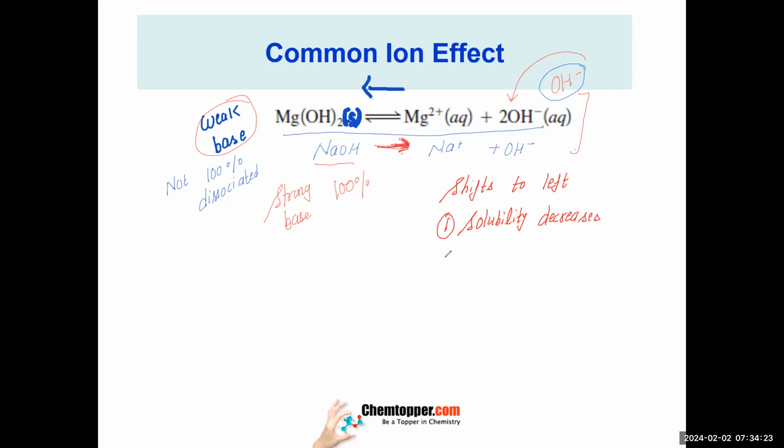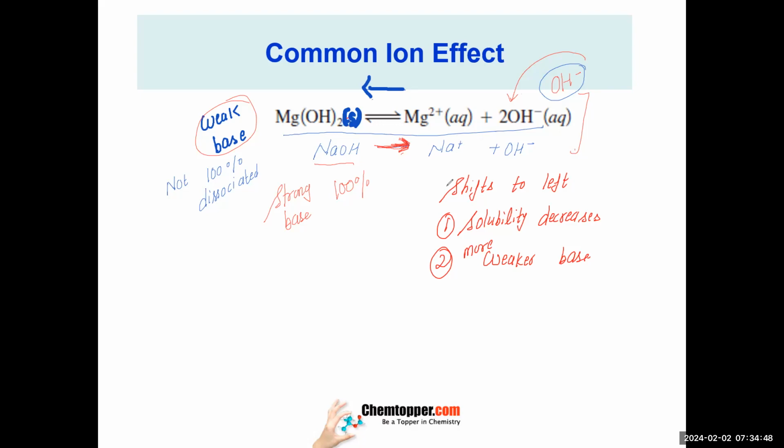And one more thing: it becomes a weaker base, more weaker. So here you can see that when we add a common ion, the common ion makes your base more weaker.